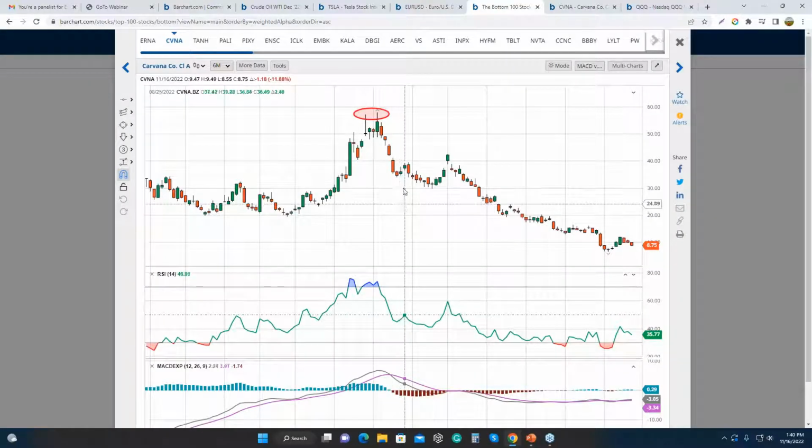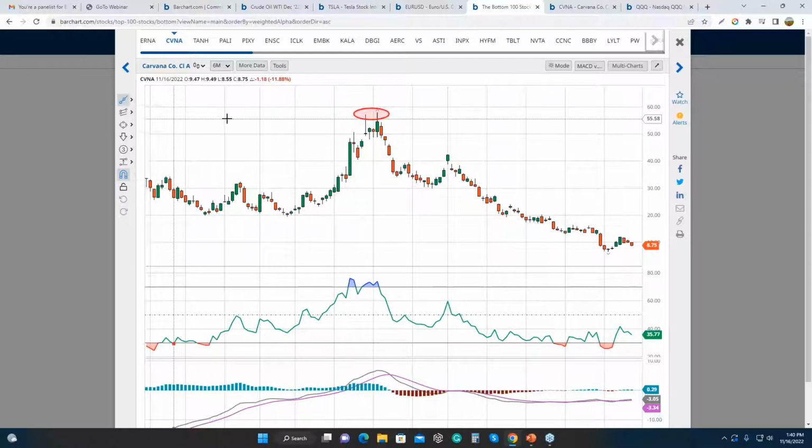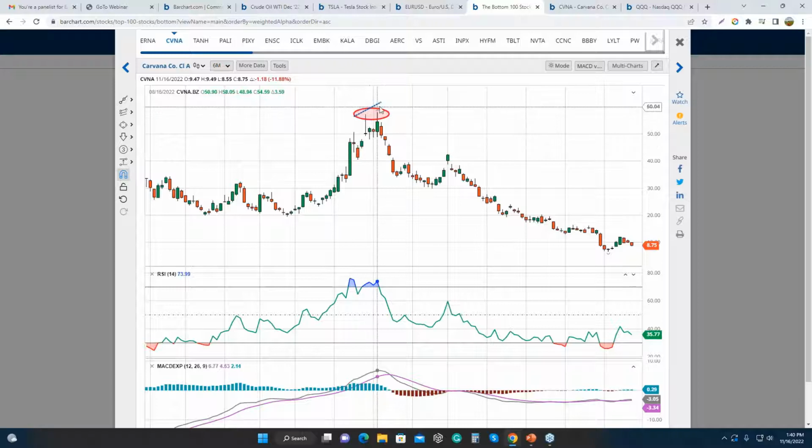other technical analysis here on the daily, what did we see? Our RSI was in the overbought zone. And not only in an overbought zone, but if we use good technical analysis, we made a higher high at the same time RSI made a lower high, and this is called negative divergence.